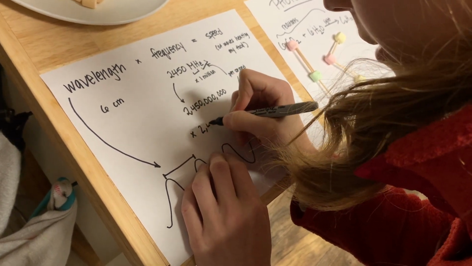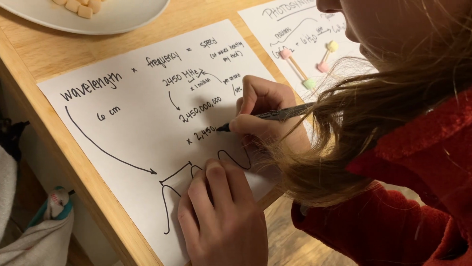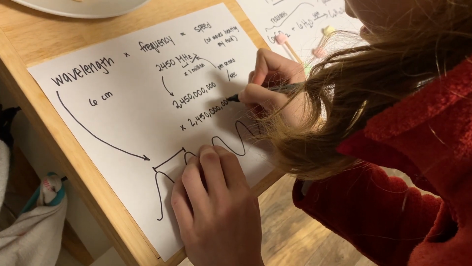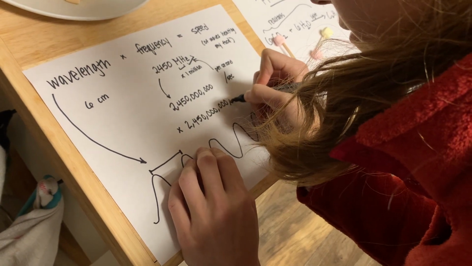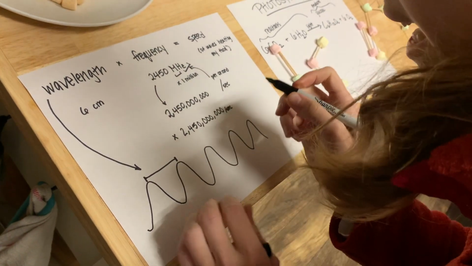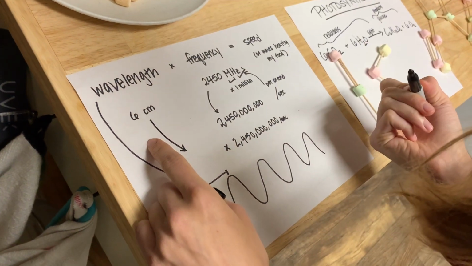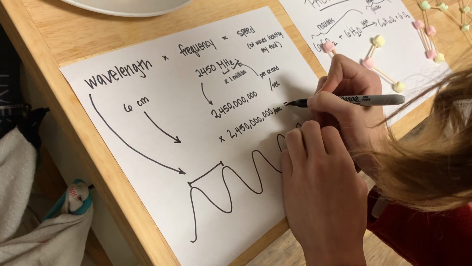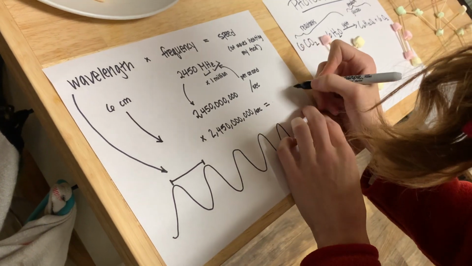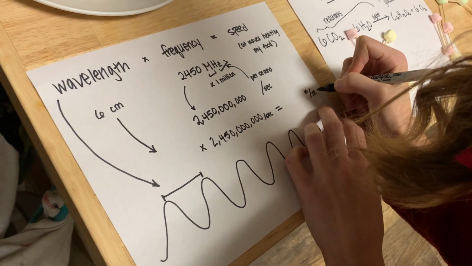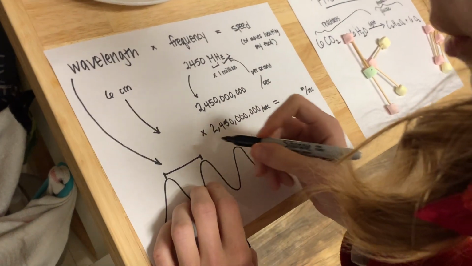So I'm going to multiply 2,450,000,000 per second times my 6 centimeters. But if I want to figure out the speed of the waves, I'm going to end up with something that's in meters per second. So I'm just going to turn this into meters really quick.